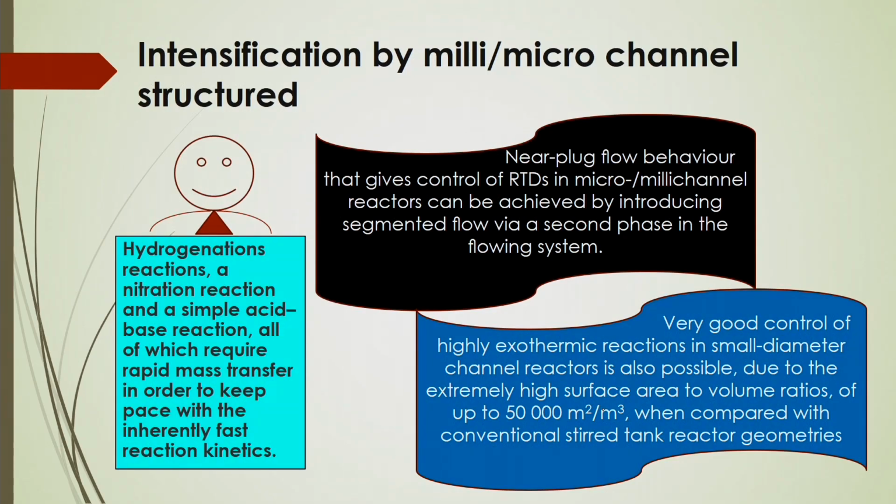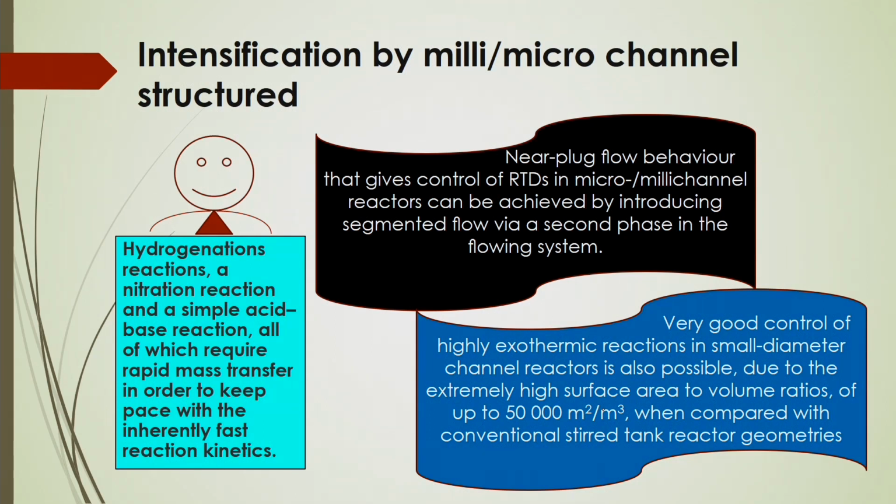Since you can produce plug flow phenomena, this plug flow behavior gives control of RTDs in micro or milli-channel reactors, and that can be achieved by introducing segmented flow via a second phase in the flowing systems.